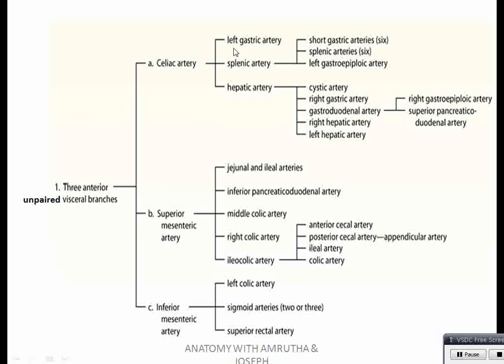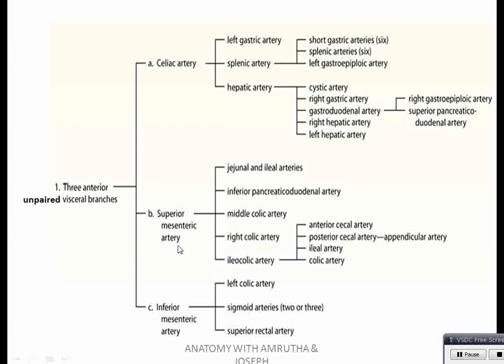Celiac artery gives rise to left gastric artery, splenic artery, hepatic artery. Splenic artery gives short gastric arteries and left gastroepiploic artery. Hepatic artery gives rise to cystic artery, right gastric artery, gastroduodenal artery, right hepatic artery, left hepatic artery. Gastroduodenal artery gives rise to right gastroepiploic artery and superior pancreaticoduodenal artery.